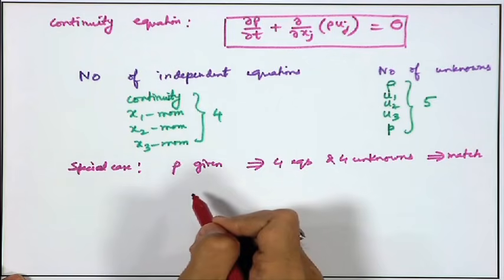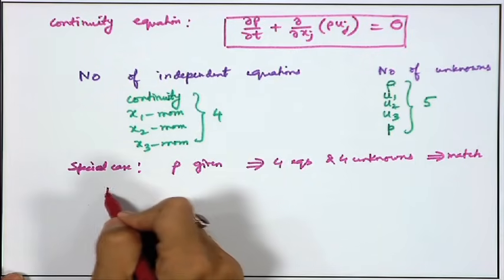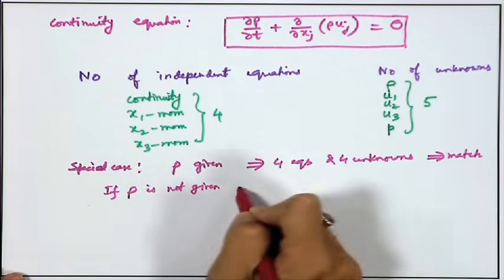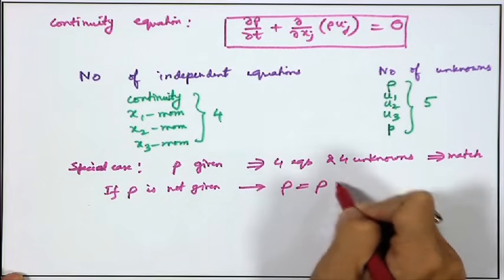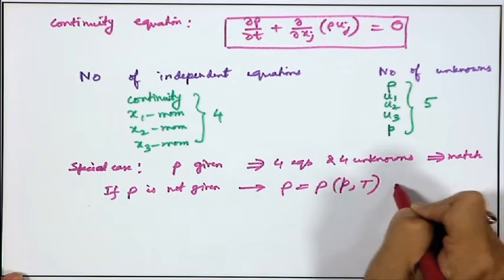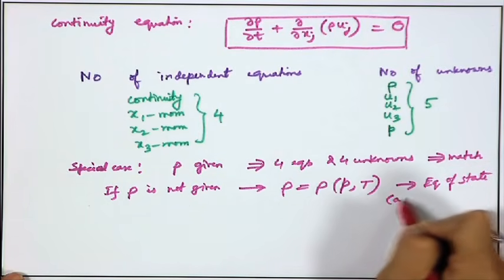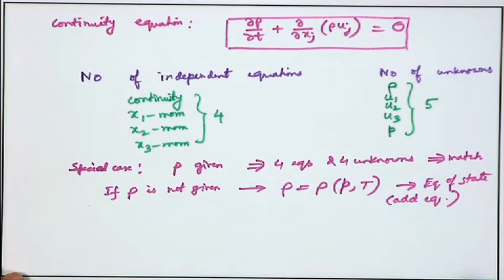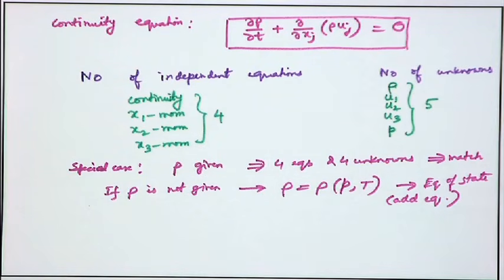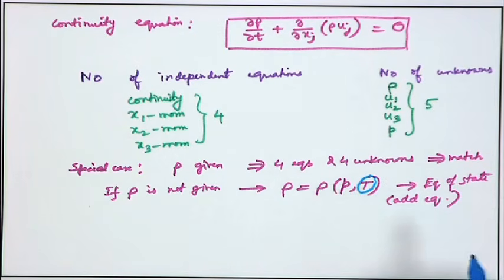If rho is not given, then what will rho depend on? You may assume that rho is a function of pressure and temperature. This is the equation of state, an additional equation. So, you may believe that with this additional equation you close the equations with unknowns, but a very interesting thing, with this additional equation you have got an additional parameter which is temperature.